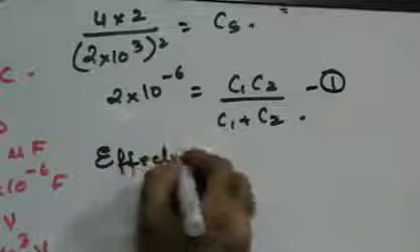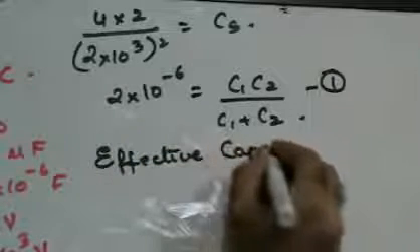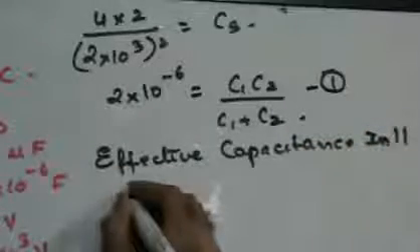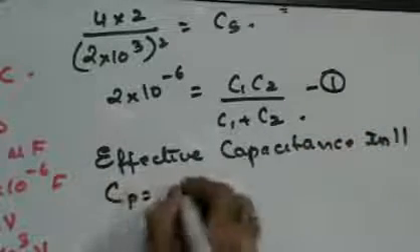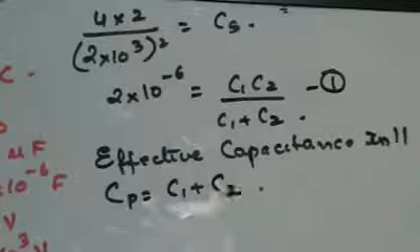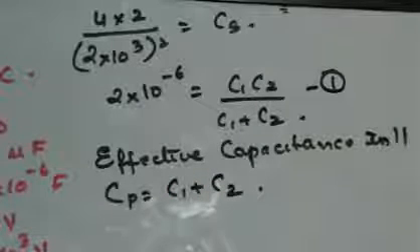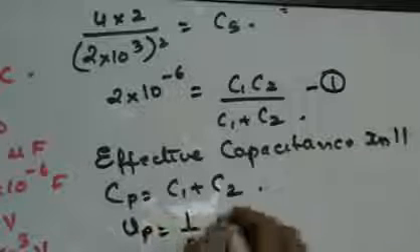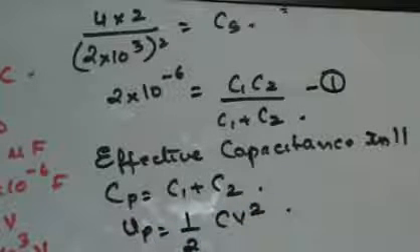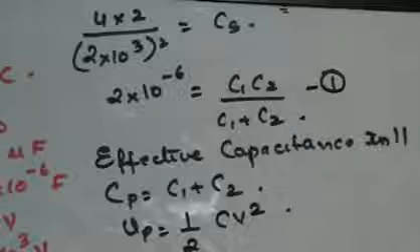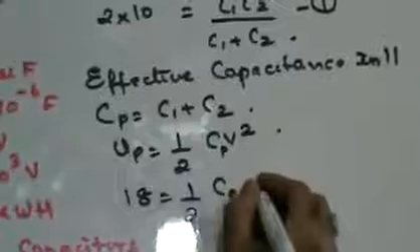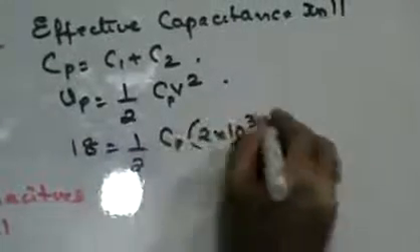Let us assume that the effective capacitance in parallel is Cp. Cp is C1 plus C2. Now, energy in parallel will be half CV square. Energy in parallel is given to you as 18 joules, which is half Cp into V square, with V as 2 into 10 raised to 3, the whole square.